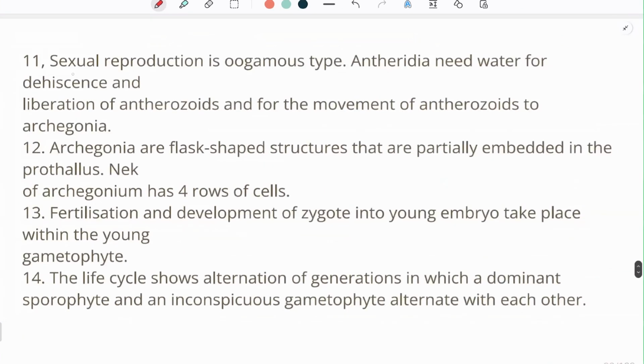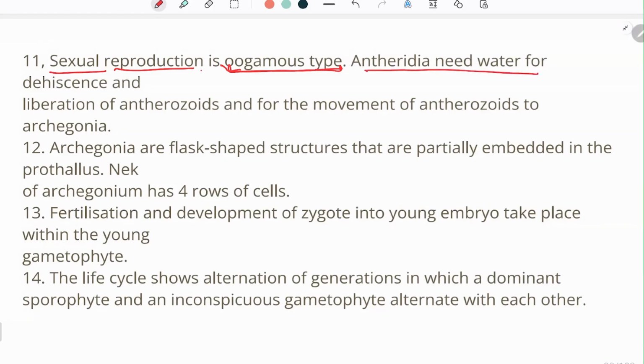Now, the sexual reproduction is of the oogamous type. Since we started studying bryophytes and pteridophytes, the type of sexual reproduction has shifted towards oogamous, whereas in algae we were seeing that isogamous, anisogamous and oogamous all of them were taking place. But now oogamous has started.